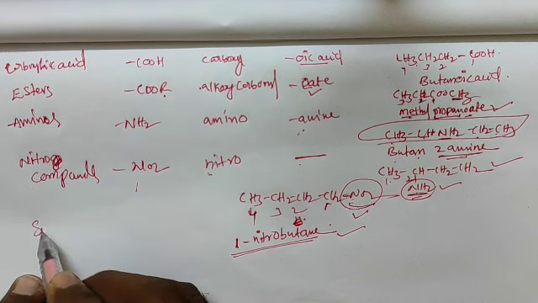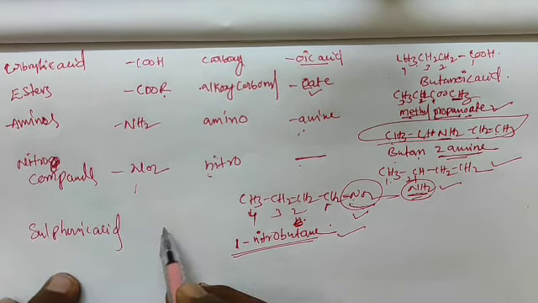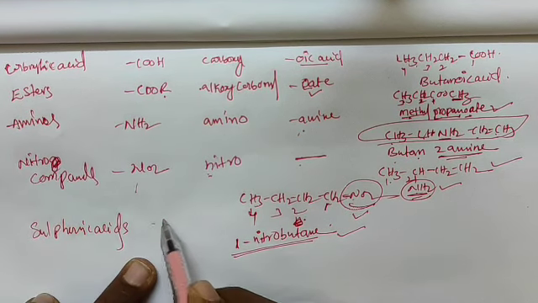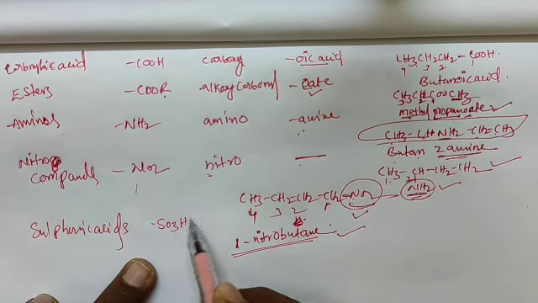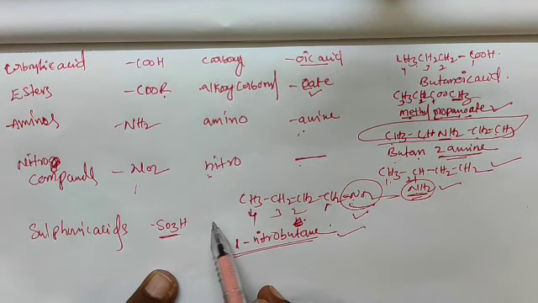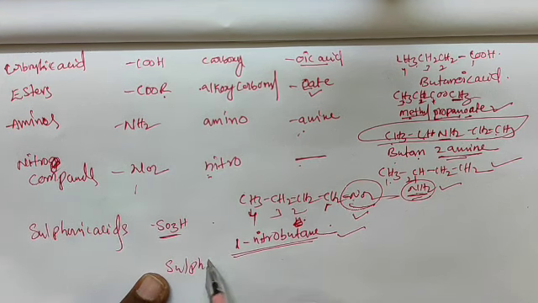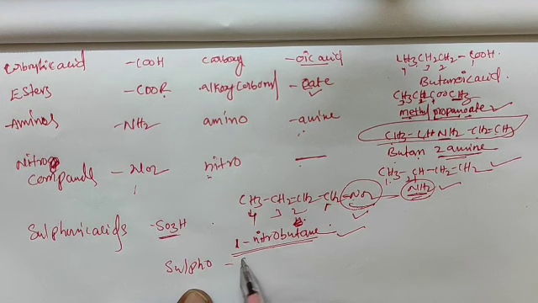Sulfonic acids. The structure is SO3H. For this, the prefix is sulfo and the suffix is sulfonic acid.